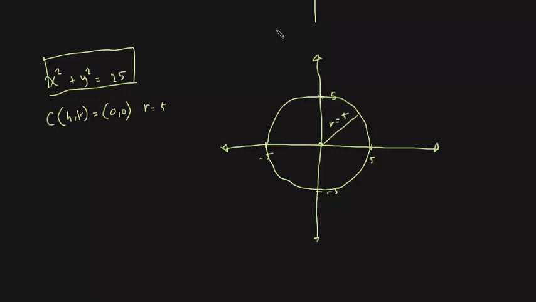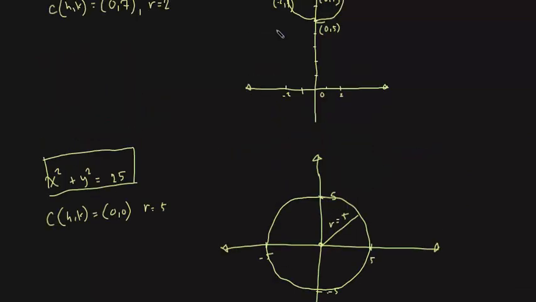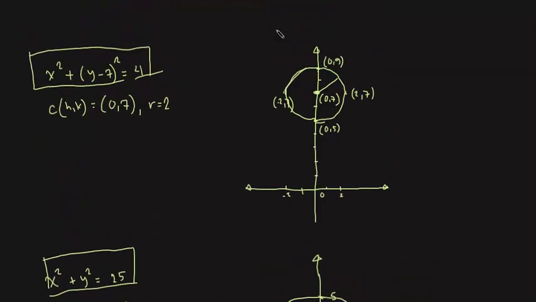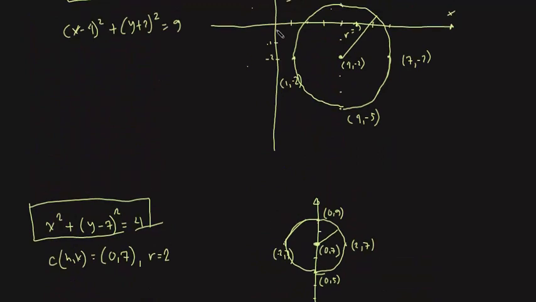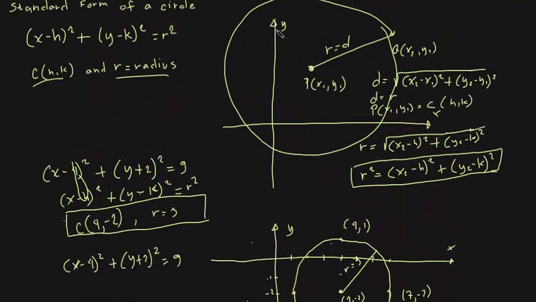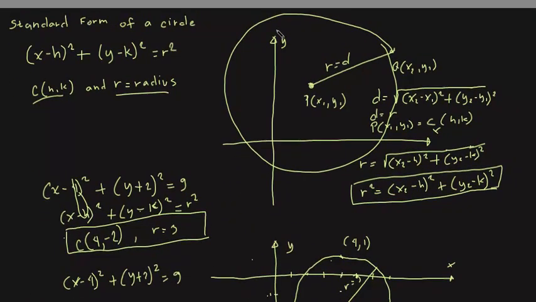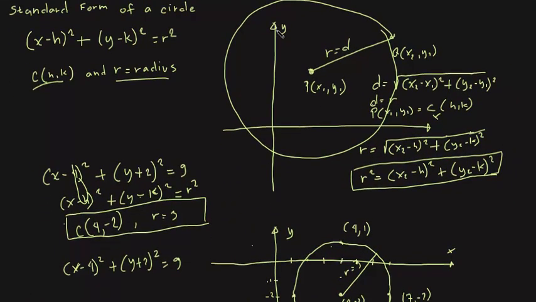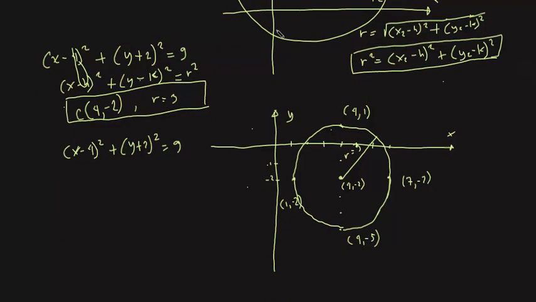And that is how we understand the concept of a circle. We start by knowing that the standard form of a circle came from the distance formula, and if we plot a graph, all we need to do is identify the center.